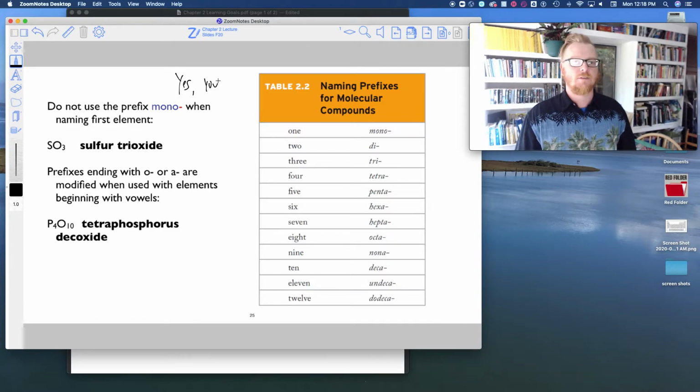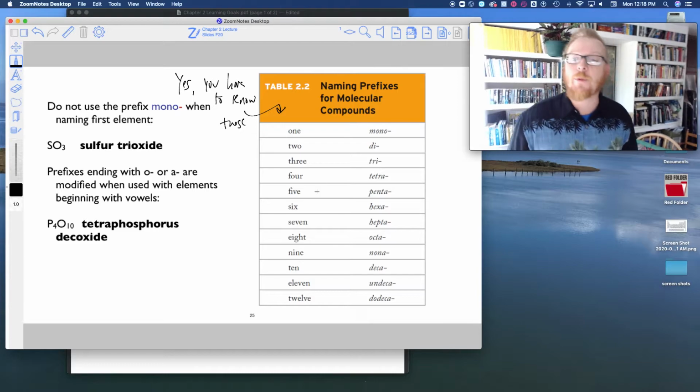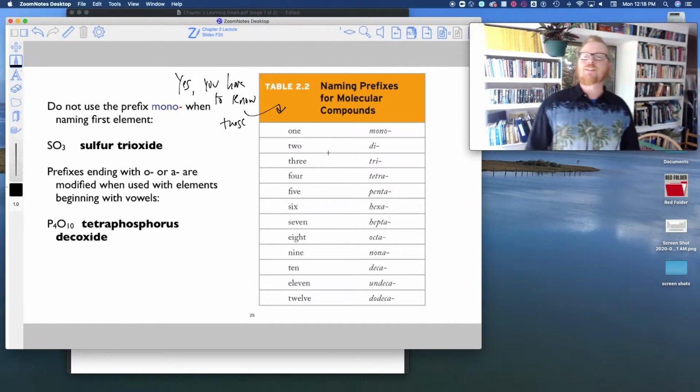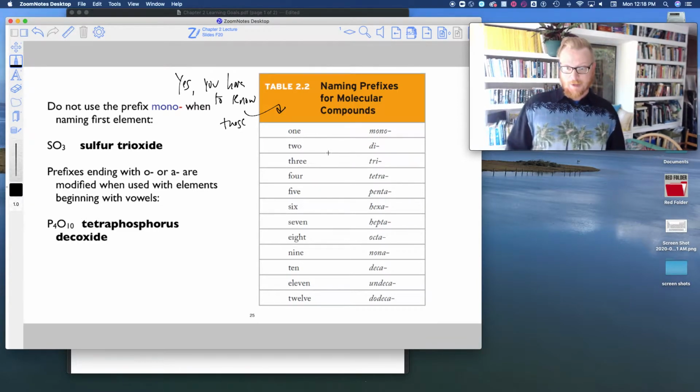Yes, you have to know these. Make some flashcards. This is not going to be the only table in this list that I tell you you have to know, so you have to make a bunch of flashcards. Mono, di, tri, tetra, penta, hexa, hepta, octa, nona, deca, undeca, dodeca.